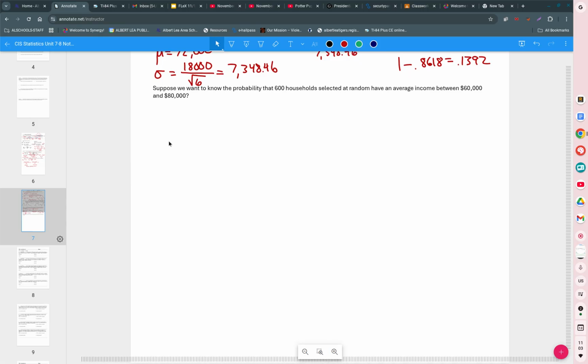And so we need to change the last two numbers. This isn't going to work here. We're going to change the 600 to 60. And we're going to ask not between 60,000 and 80,000, but rather between $70,000 and $75,000. This one does not end up becoming almost absolutely certain or not certain.